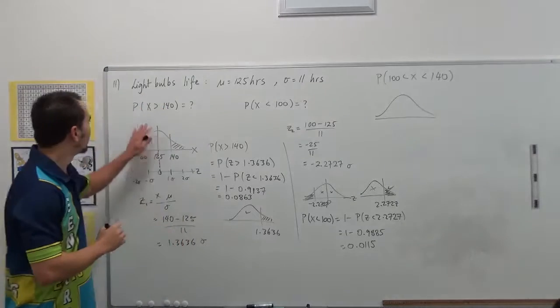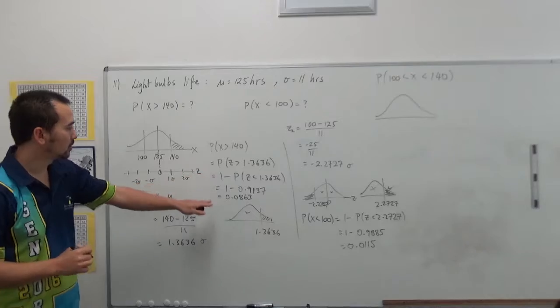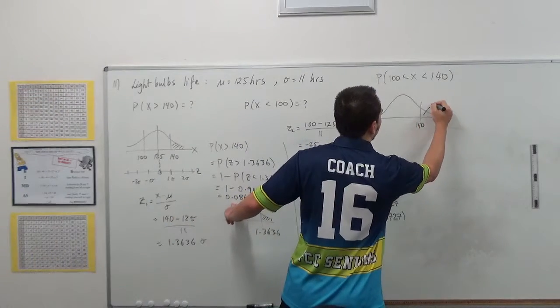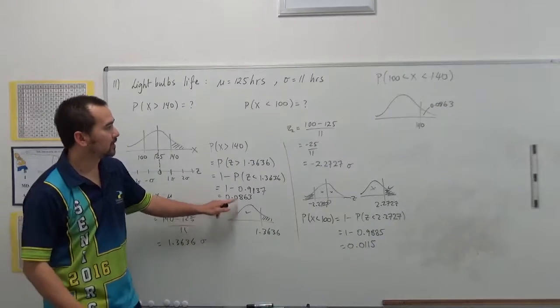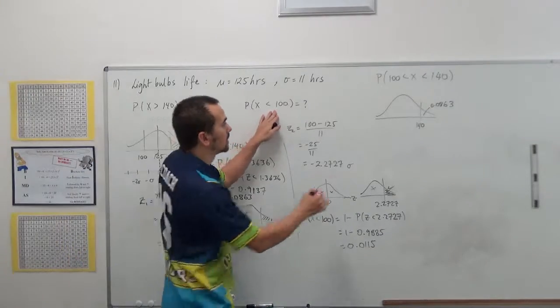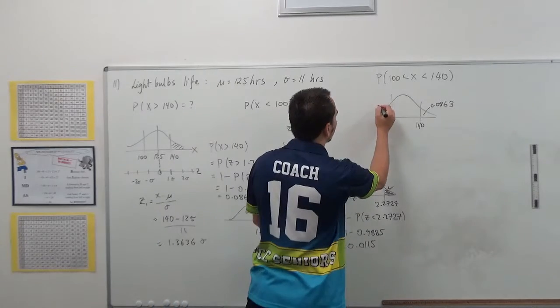So we worked out in part A that the probability that is greater than 140 hours was 0.0863. We worked out the probability that the light bulbs last less than 100 hours was 0.0115.